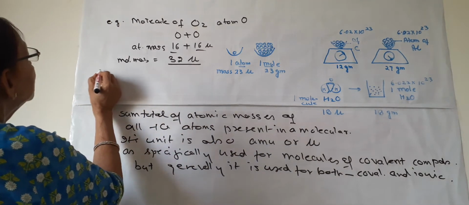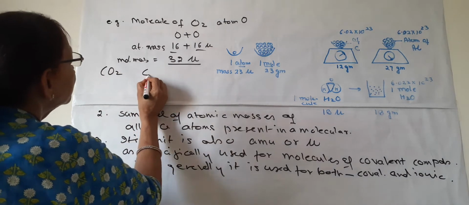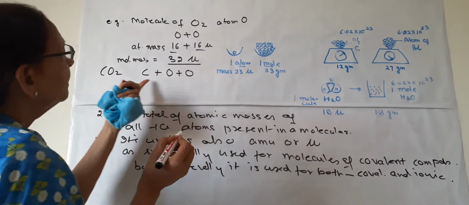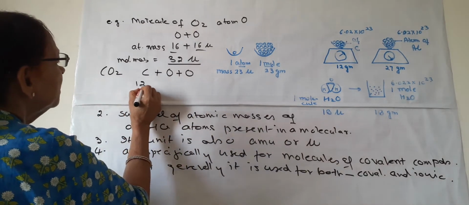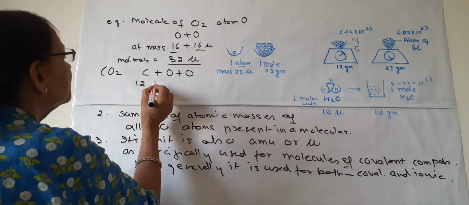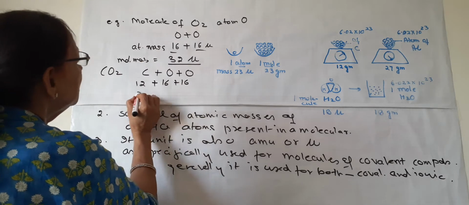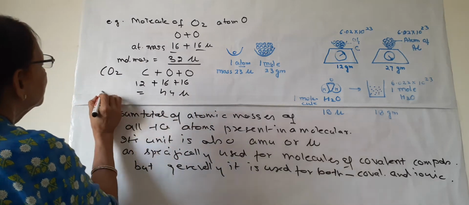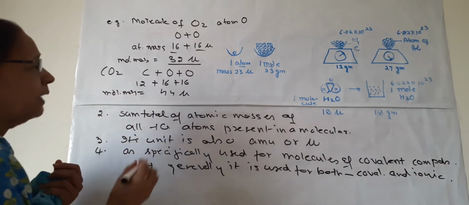We can take another example, carbon dioxide. Carbon dioxide is formed by one carbon atom and two oxygen atoms. The atomic mass of carbon is 12, oxygen is 16 plus 16, so it will be 44 u. This is the molecular mass of carbon dioxide.